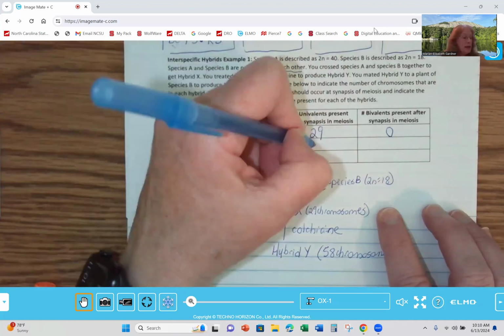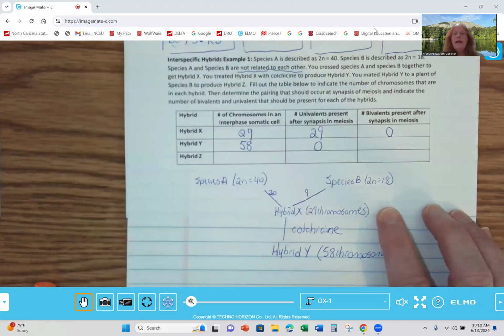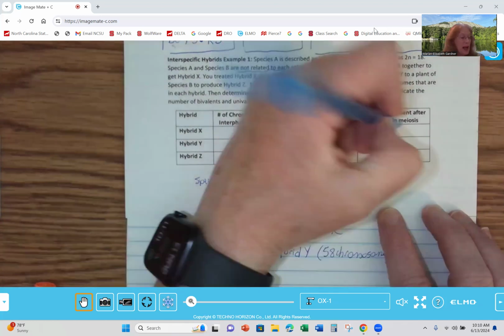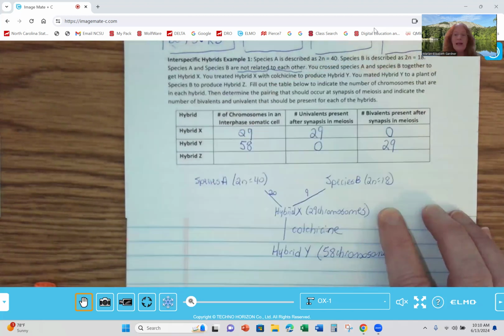Now, every chromosome has a buddy, so we don't expect there to be any univalents. A bivalent is 2 chromosomes, so when synapsis occurs, the 2 chromosomes that are partners partner up in synapse. So instead of 58 individual chromosomes, we have 29 bivalents, because each of these bivalents equals 2 chromosomes.